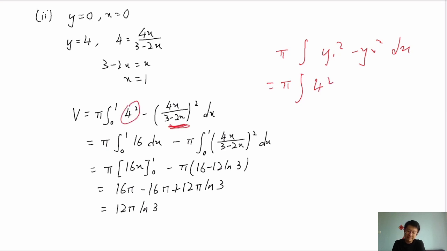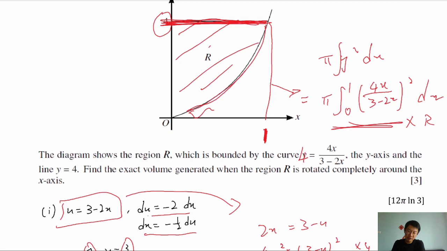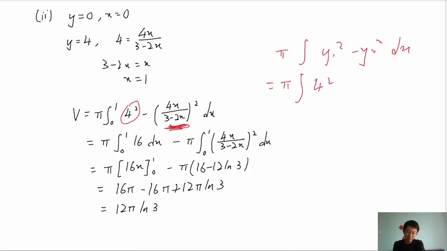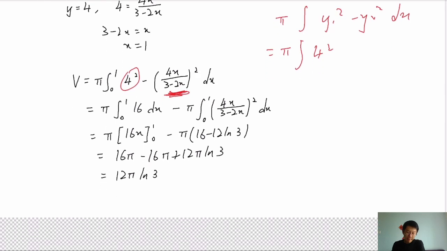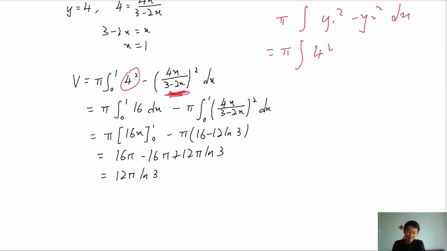And for this one, it is under the curve. So we have got this one. Earlier on, we already know the result for this part, because what we did earlier was we also integrated this from 0 to 1. So we already know the result, just quote the result from the previous part.